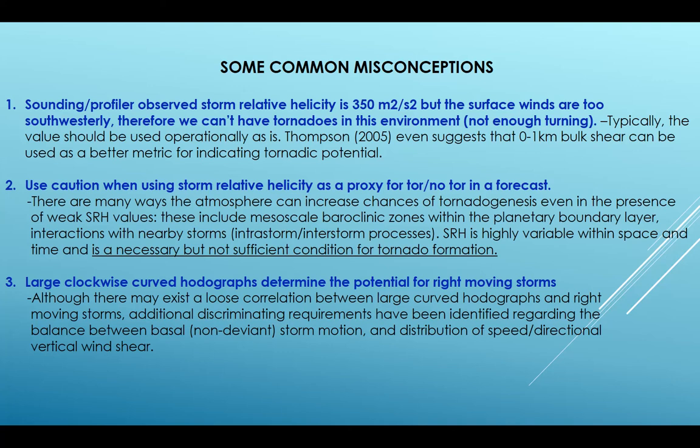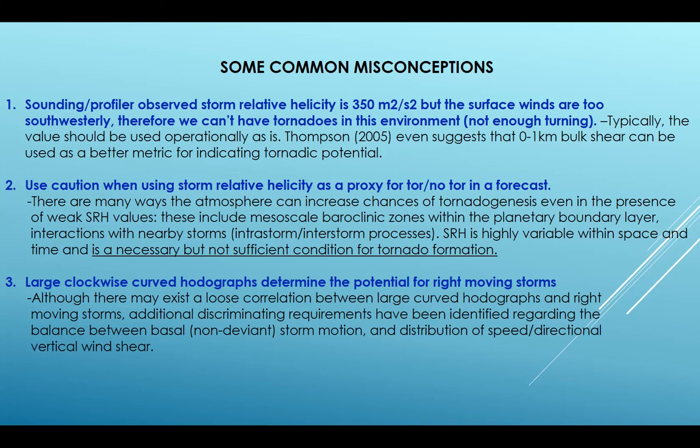These include mesoscale baroclinic zones within the planetary boundary layer, interactions with nearby storms, such as intrastorm or interstorm processes. Storm relative helicity is highly variable within space and time and is a necessary but not sufficient condition for tornado formation.